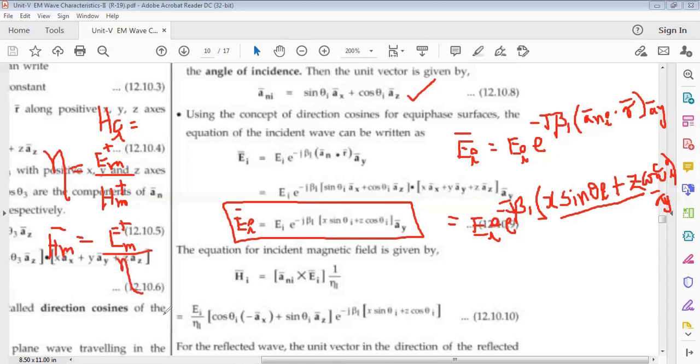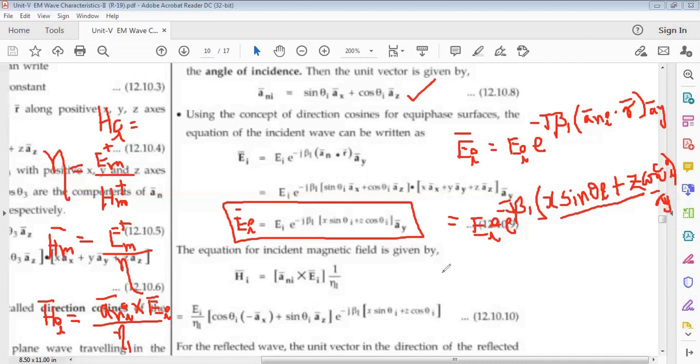Since it is in medium one, I need the vector of the incident magnetic field, H_i bar is equal to, the denominator is eta 1, since it is in medium one, and related with E_i is a_ni bar cross E_i bar. Okay, you have to find out the cross product of a_ni bar cross E_i bar. Understood, my students?